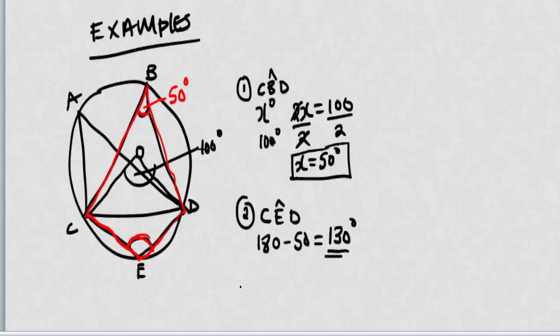Alright, then let me put the last question, number 3, on this one. Suppose you've been asked to find angle CAD. So the angle at A. Angle CAD, this angle, we're going to look at the property of segments.